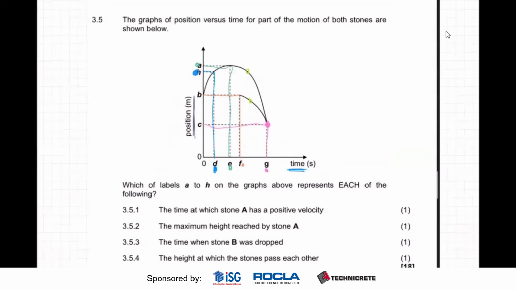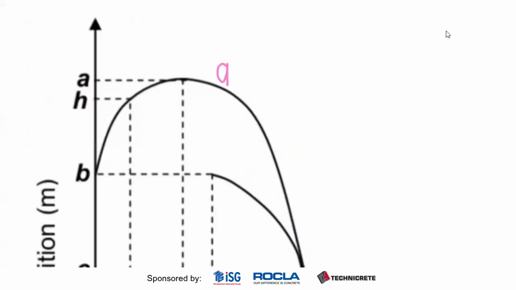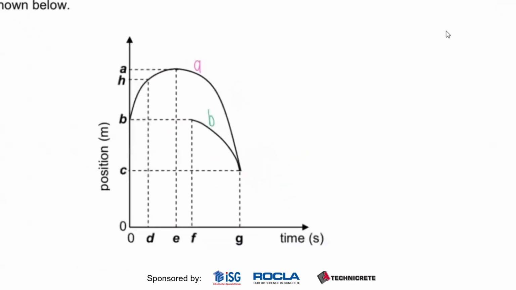So now we have got a few questions on our graph. Let me just rub this out. So again, stone A is the top one and stone B is the bottom. This is because our building was like this.